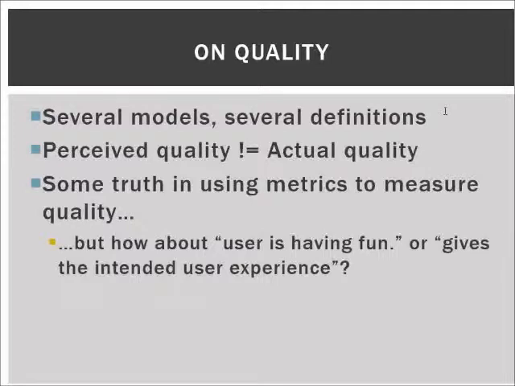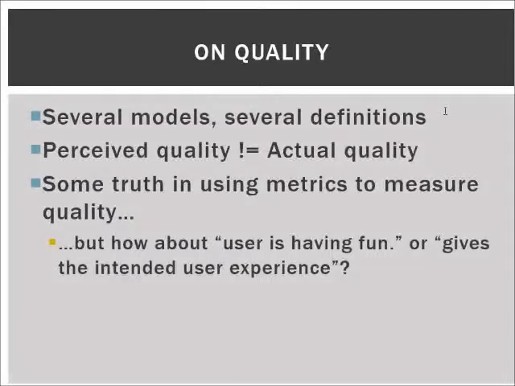So we can increase the perceived quality, for example, by using higher quality materials on the external case and defining a nicer user interface, but the actual quality may still be bad if the system is built of bad components.